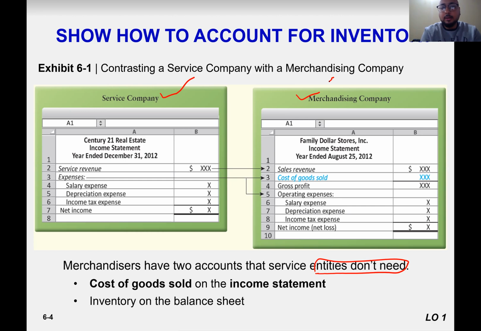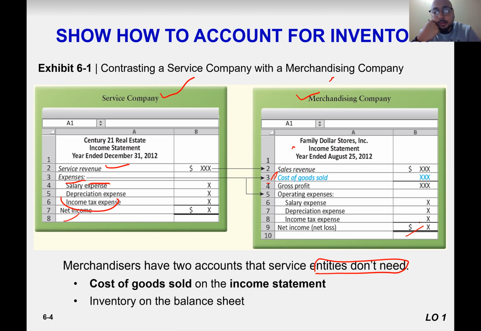You see here the income statement of service companies is simple: revenue minus all the expenses, including income tax and depreciation, and we have net income. But for merchandising, it's a different story. Sales minus cost of goods sold gives gross profit, and then we subtract salaries, depreciation, and income taxes, and then we have net income or loss.